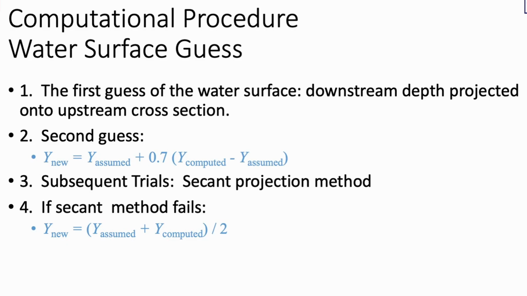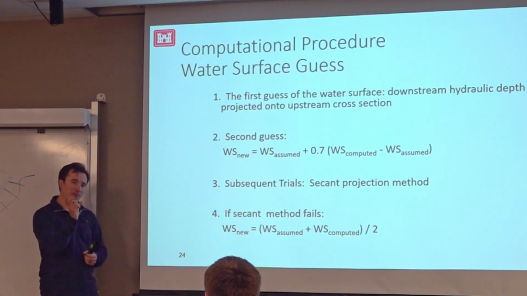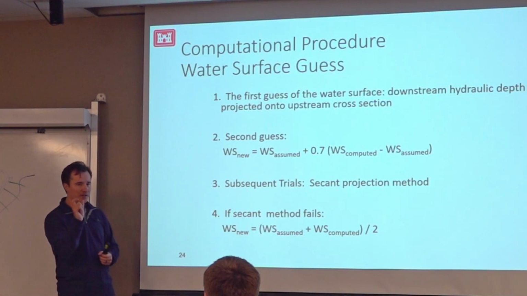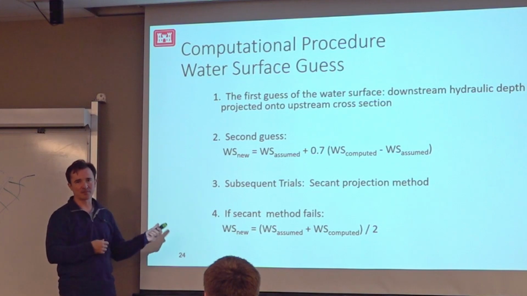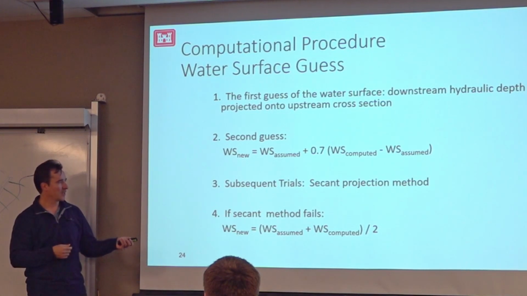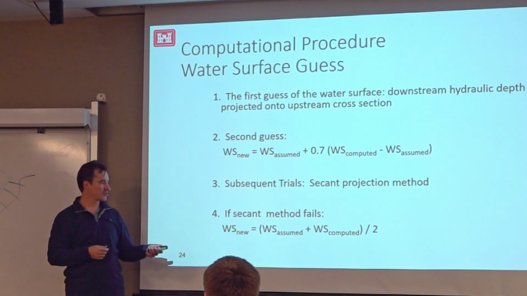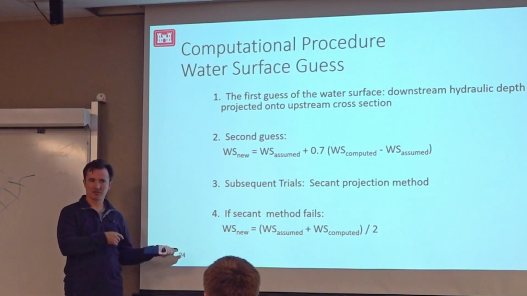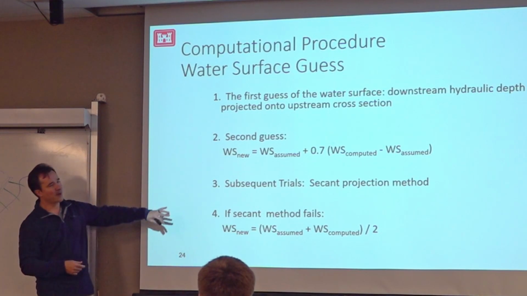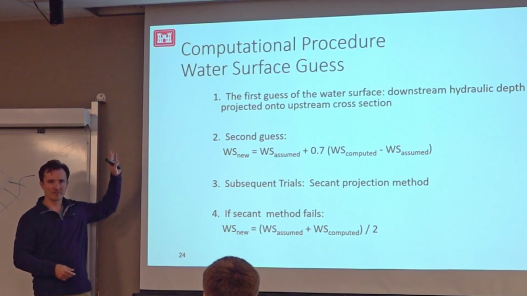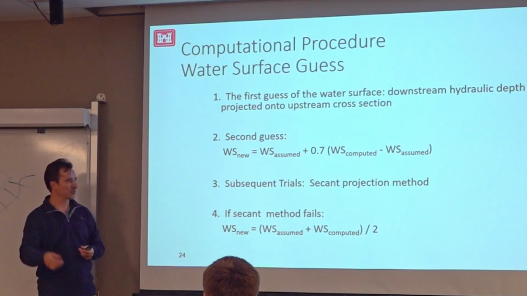The secant method can fail because there's a denominator with an error in it. If that error gets really small, then the secant method can blow up and not converge. If it fails, then it'll use this method to get a new guess for the water surface. So this is about that first step, right? That guess at the beginning of each iteration.